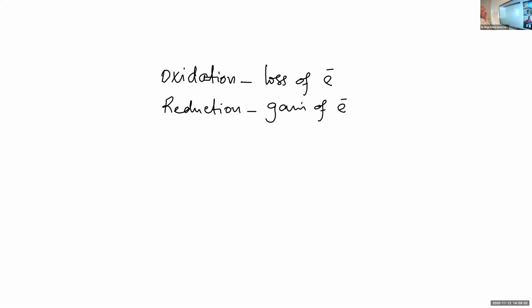If the charge is positive, then we say the element is in the positive oxidation state.